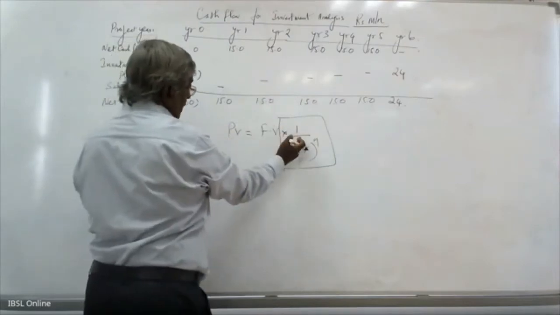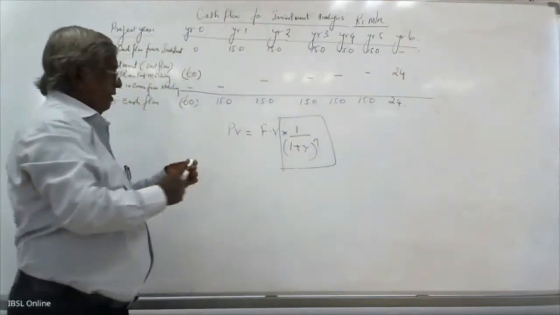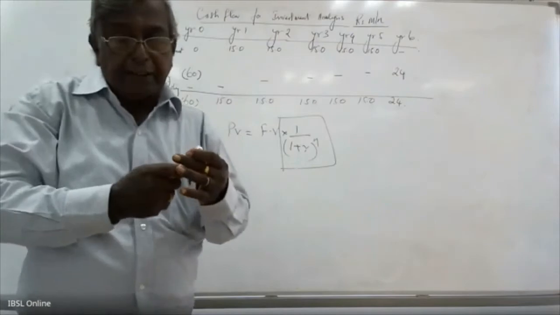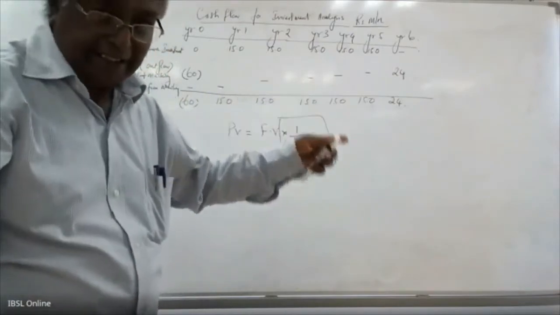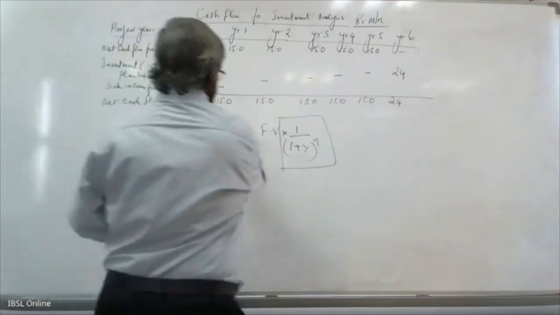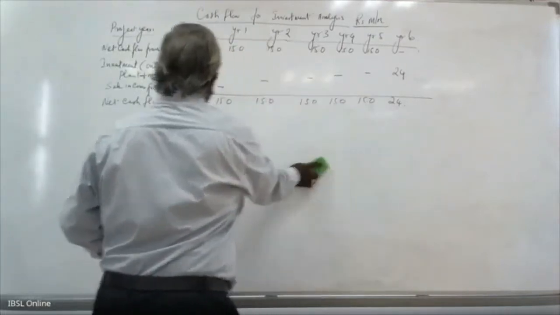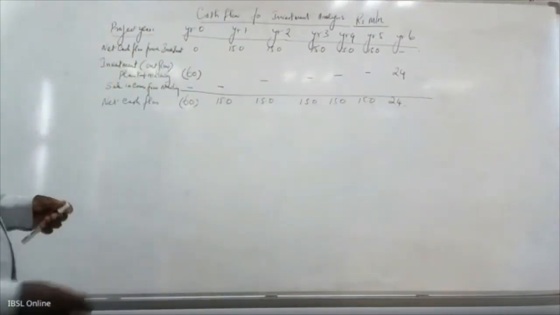So first you calculate the discounting factor at the discounting rate of 18% per annum for each year. Right. So now the step.